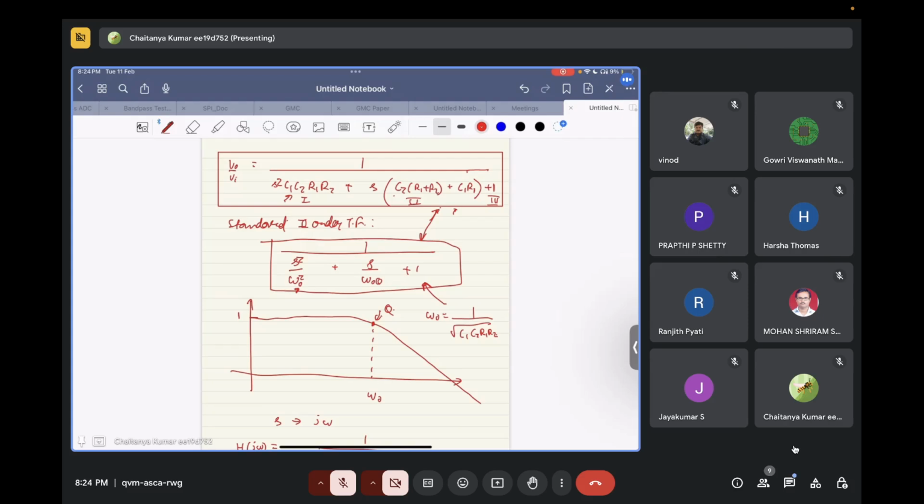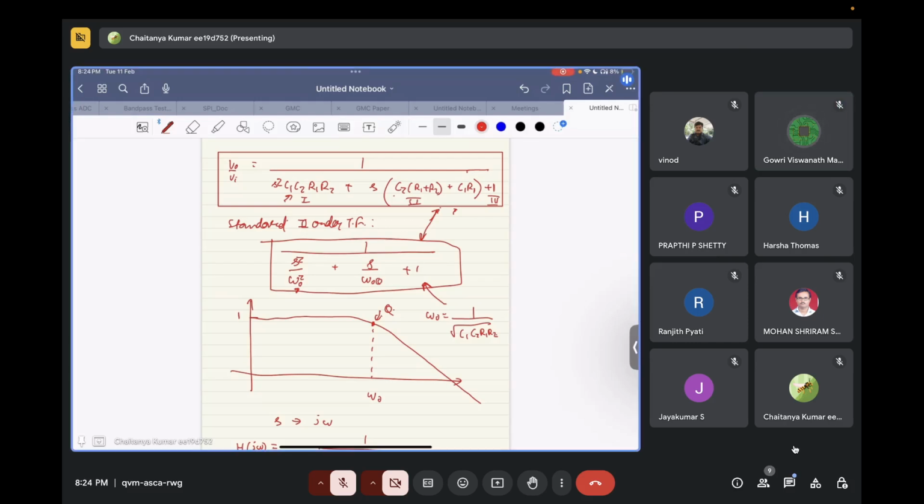Okay. So now let's say, as Vinod pointed out initially, that we want our 3 dB bandwidth to be equal to the central frequency. So what quality factor do we need to have? So can you repeat the question?